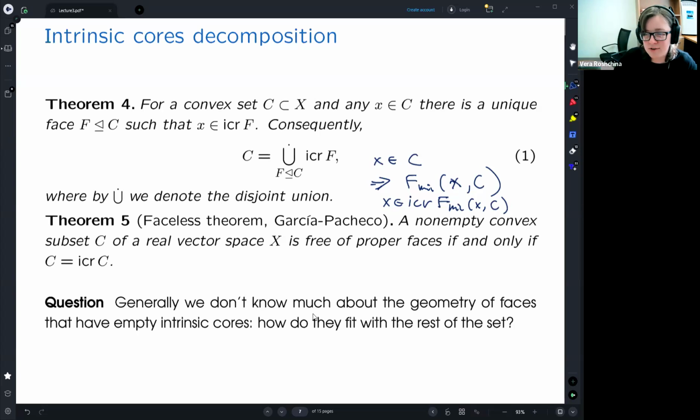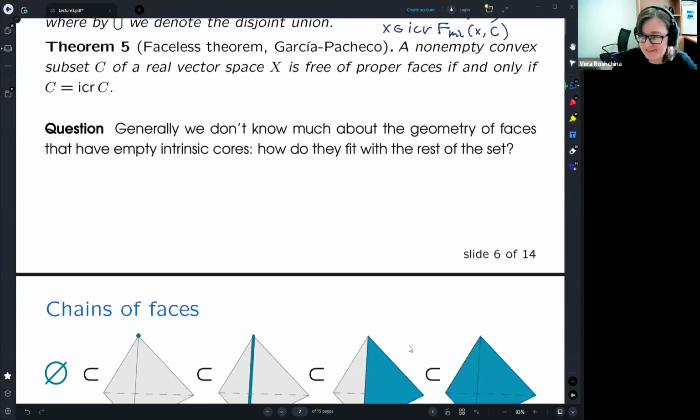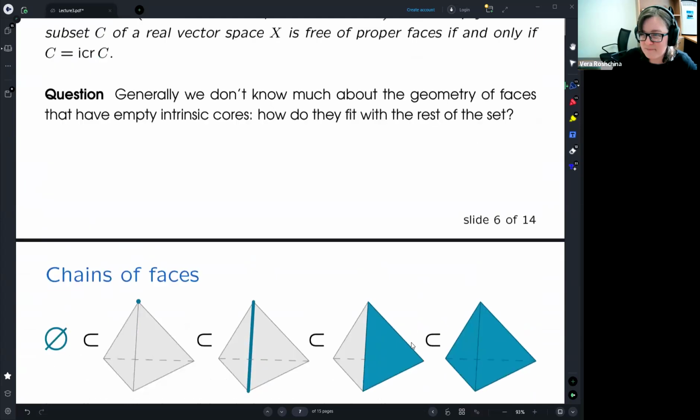So I would say that we don't know a lot about the geometry of faces that have empty intrinsic cores. We don't know how they fit with the rest of the faces, with the minimal faces that do have non-empty intrinsic cores. So some is known, and there have been a lot of papers recently on these things. So these things are getting popular again. But I don't think much is known unless we miss some papers from the 50s, because in the 50s a lot has been done already on that.